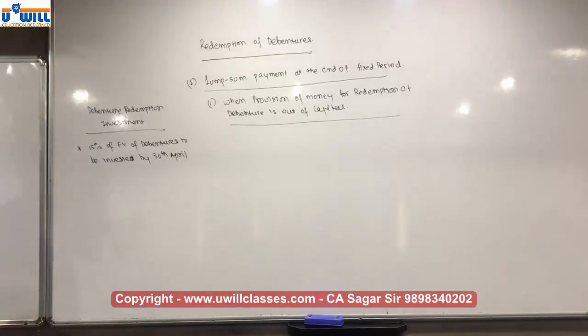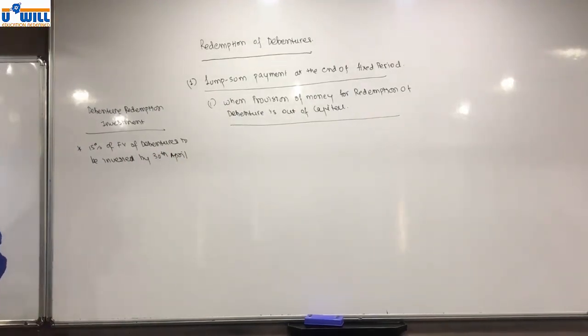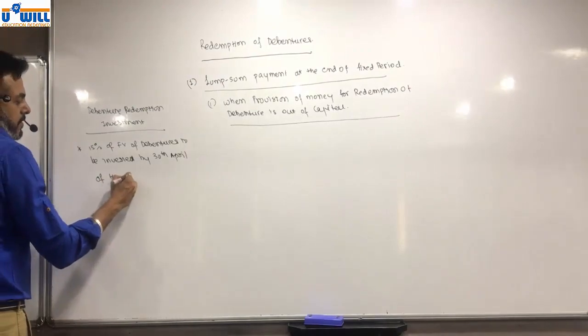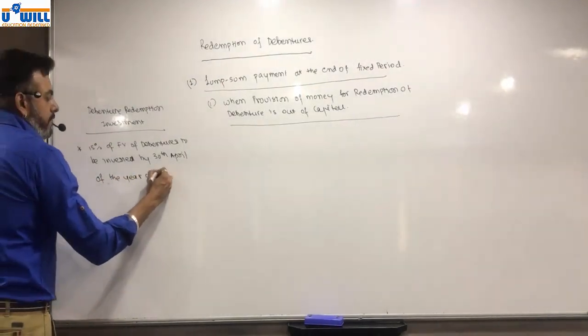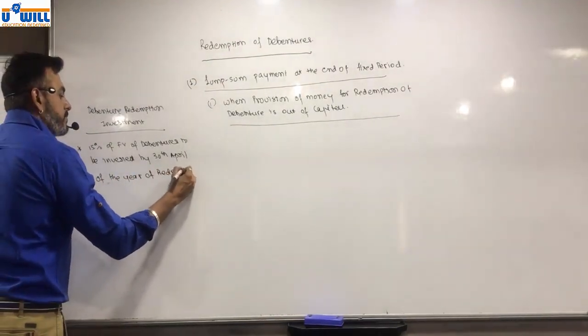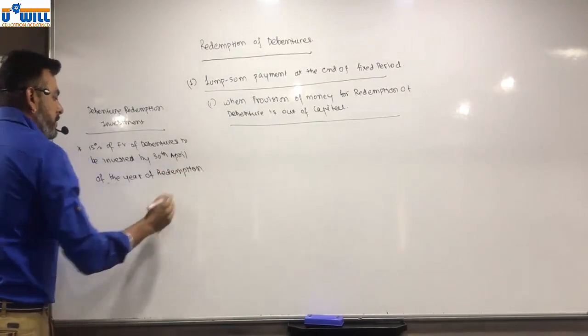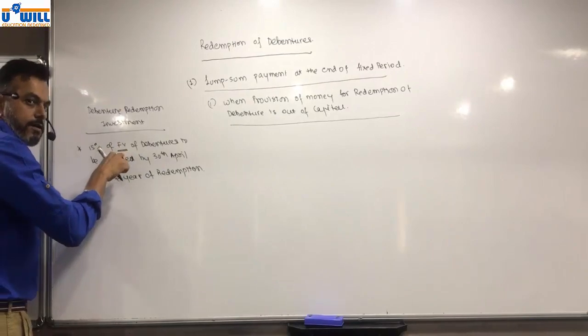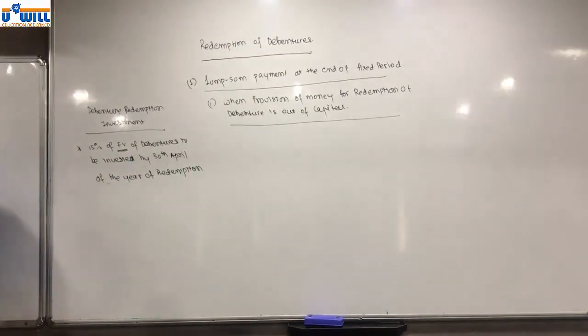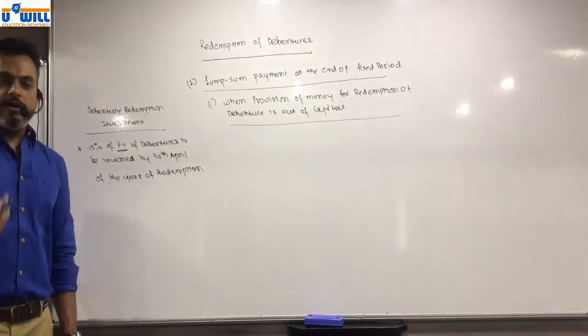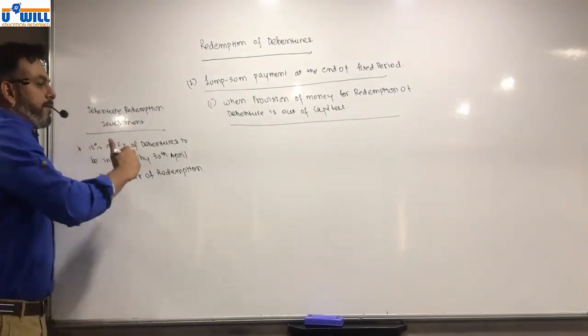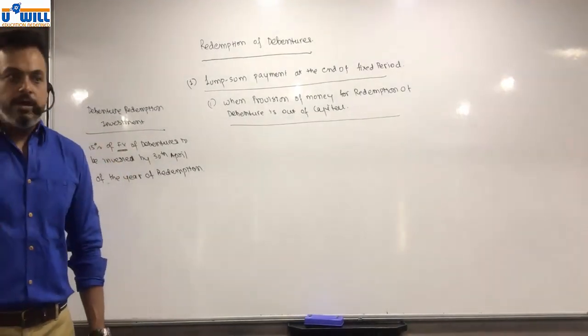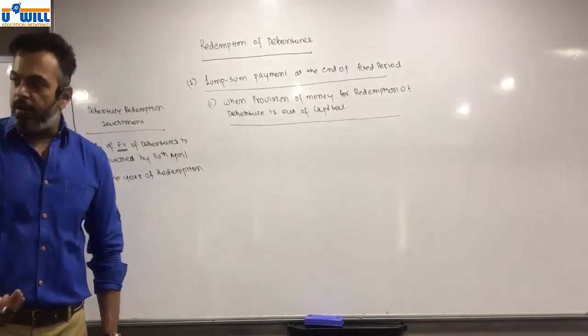By 30th April, you understood this? 30th April क्या है? Of the year of redemption. Now, this is very important. 15% किसका? Of the face value. तो हम क्या करेंगे? If 1 crore redeem करना है, उसका 15% यानी 15 lakh का हम investments buy करेंगे.